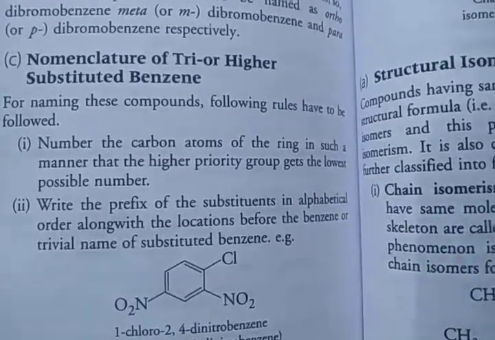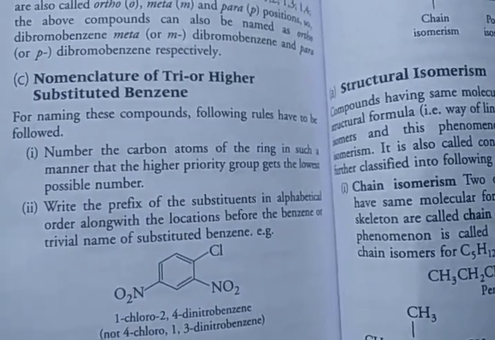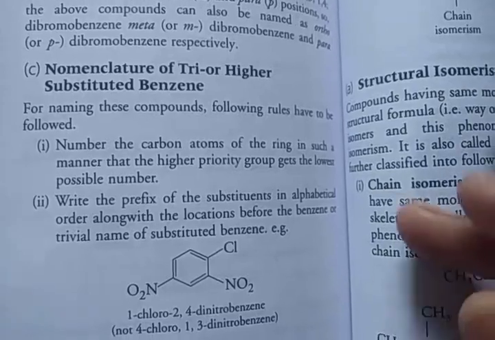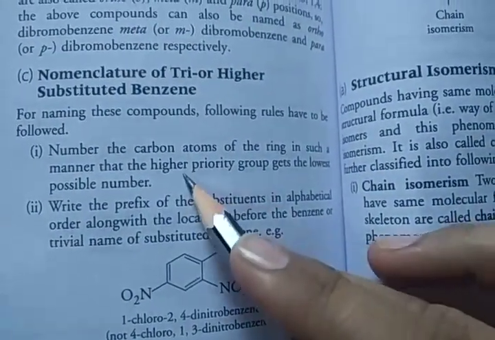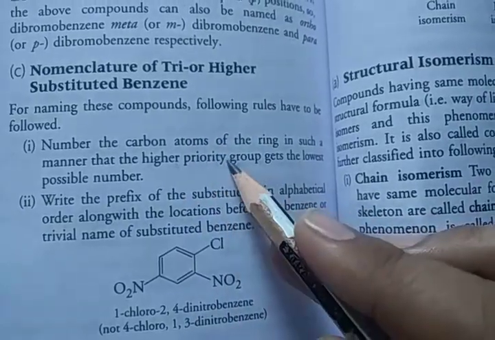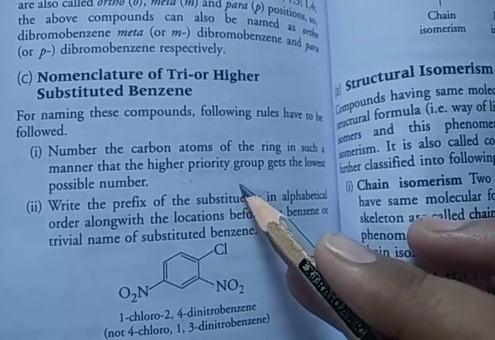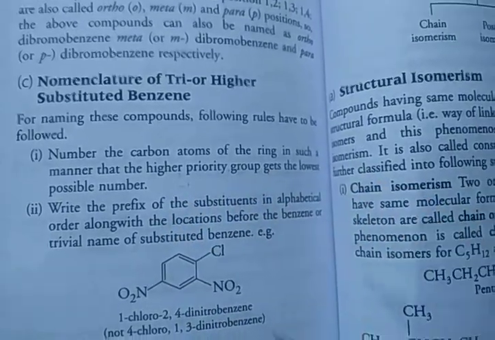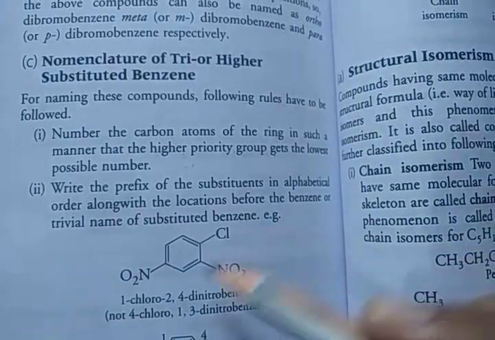Then next is nomenclature of the tri- and higher substituted benzene. For naming these compounds, the following rules have to be followed. First, number the carbon atoms of the ring in such a manner that the higher priority groups get the lowest possible numbers, and write the prefixes of the substituents in alphabetical order.